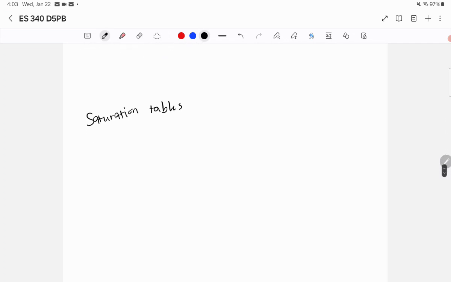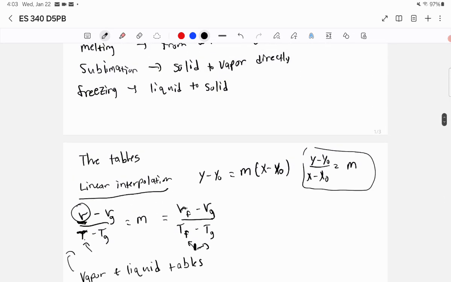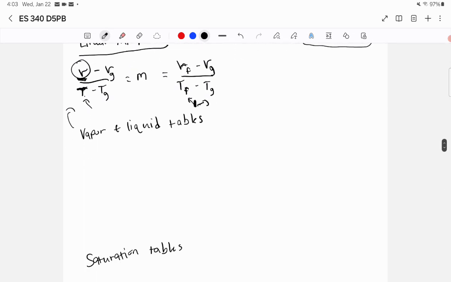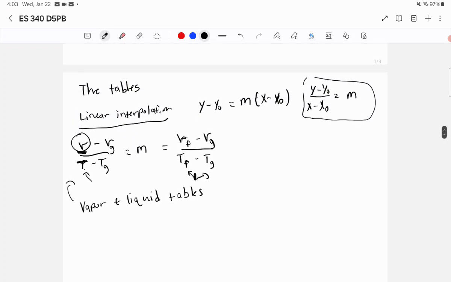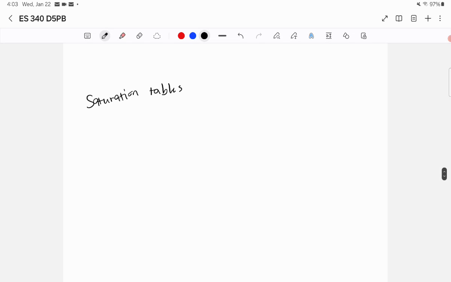Now for saturation tables, this process could be generalized to other scenarios. It doesn't end up having to only deal with that specific scenario.